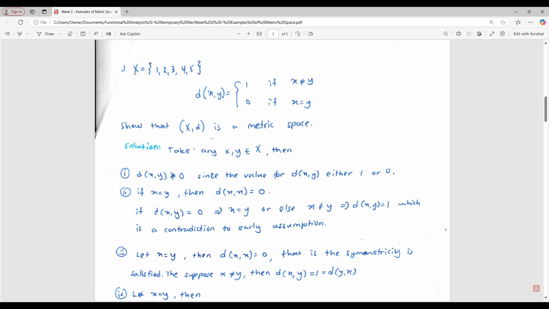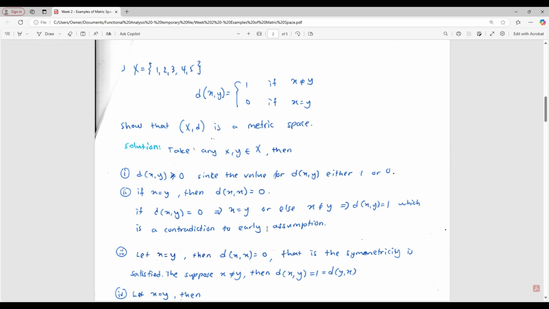So this is true, because if we say that x does not equal y, then it implies that the metric of x and y must be equal to 1, which is a contradiction to the early assumption. So the early assumption is this one. So we already assume this to be true. If this is not the case, if x does not equal y, then we are going to reach a contradiction here.